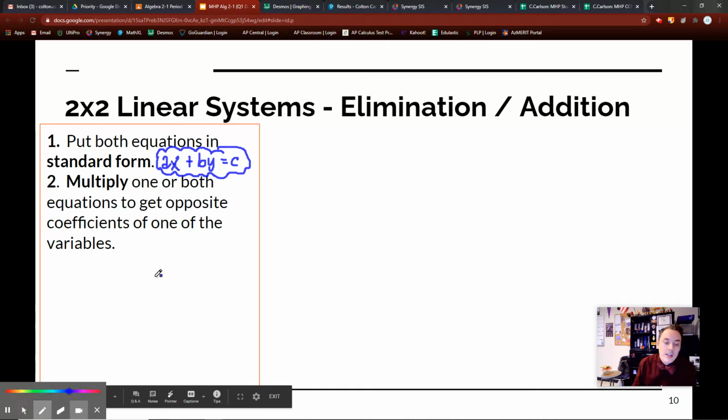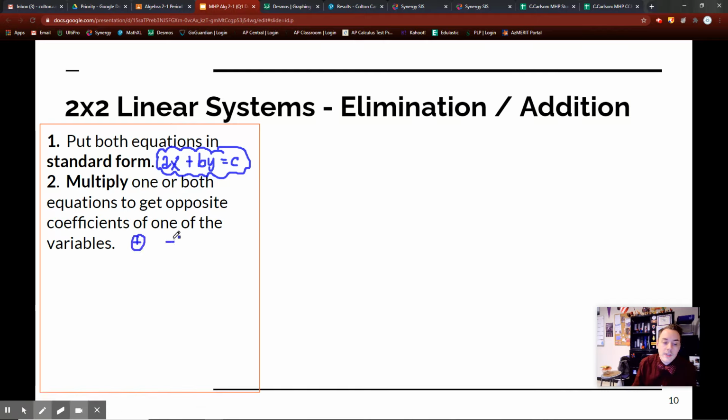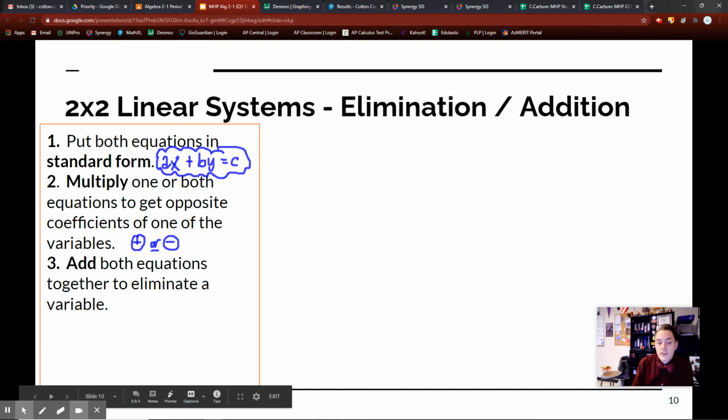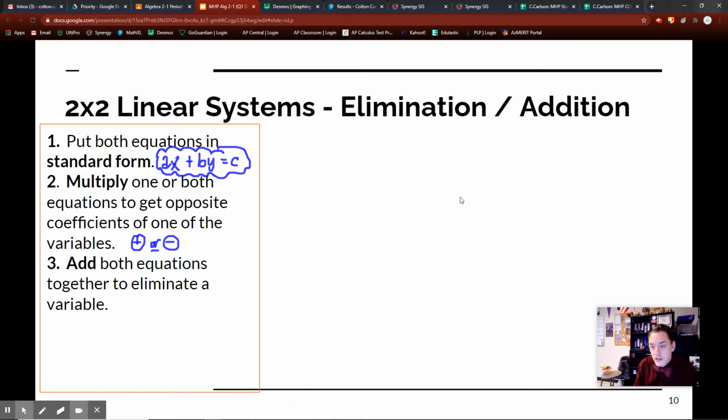What's the opposite? The opposite is one that's positive, one that's negative. That's what opposite means, and it needs to be the same coefficient of one of the variables. Add both equations together to eliminate the variable, that's why it's called the addition method, and then solve the remaining equation.